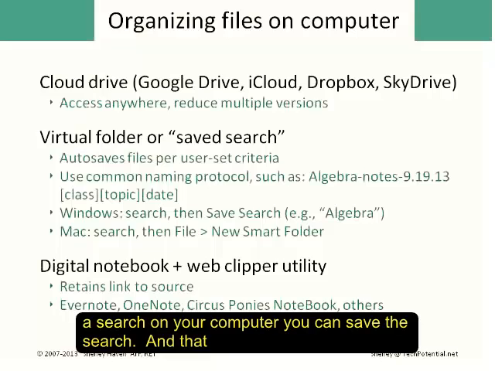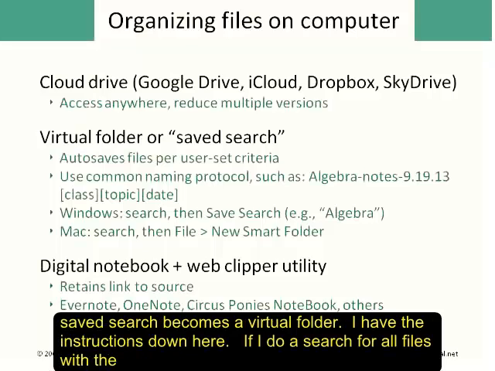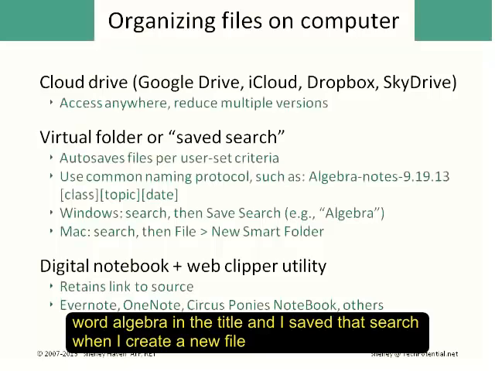Well, there's an interesting feature called virtual folders on both Mac and Windows computers that could be very handy. When you do a search on your computer, you can save that search. It's called a saved search, and that saved search becomes what's called a virtual folder. I have the instructions for both Windows and Mac in the bullet points down here.